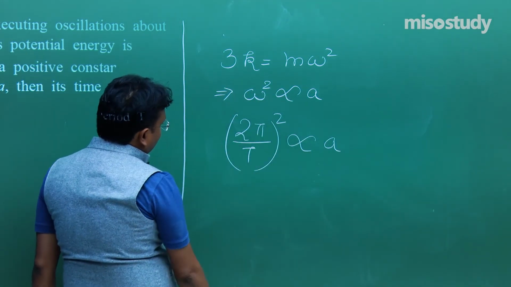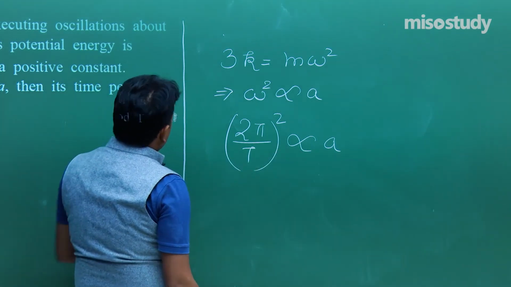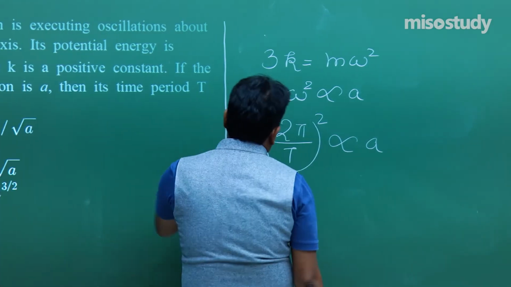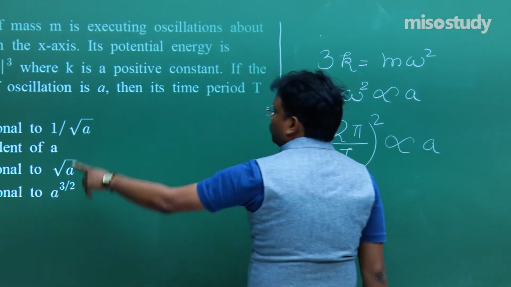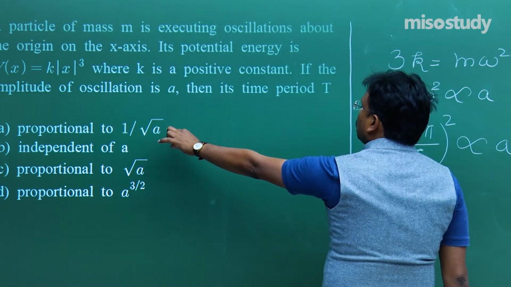No problem, simple. About this t and a, you can find the result as given over here. So what will be the result? You can find out. It is going to be proportional to 1 upon root a.